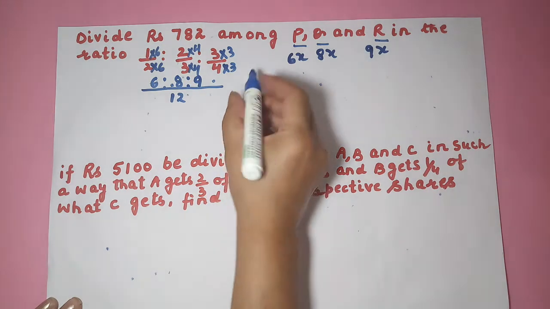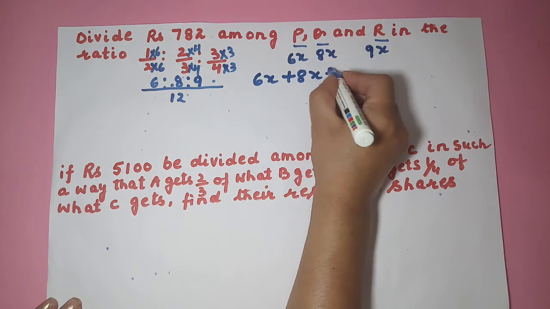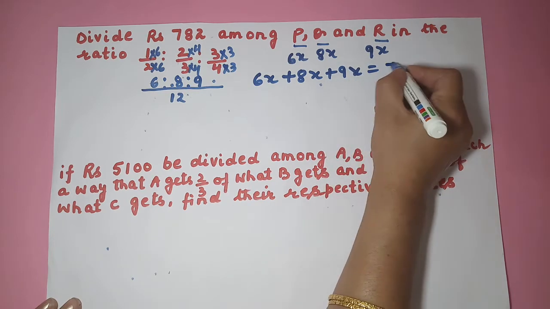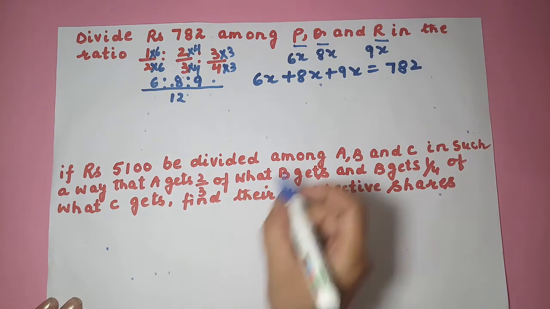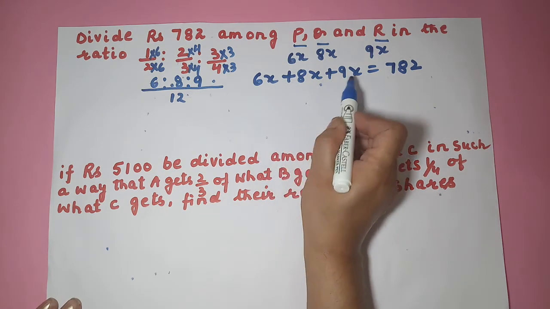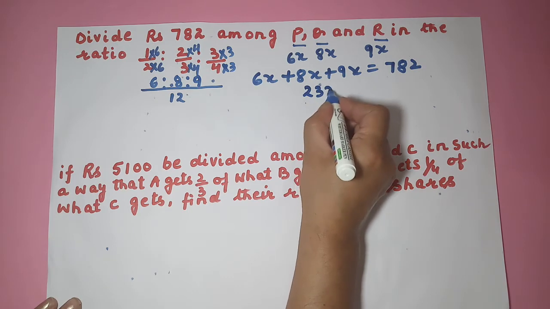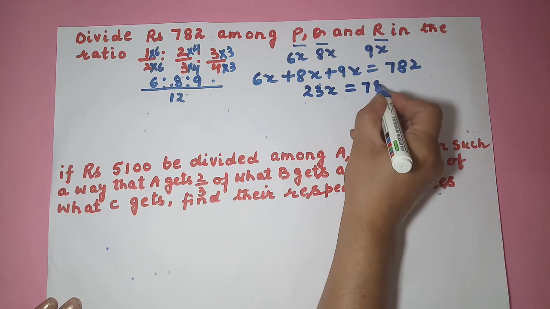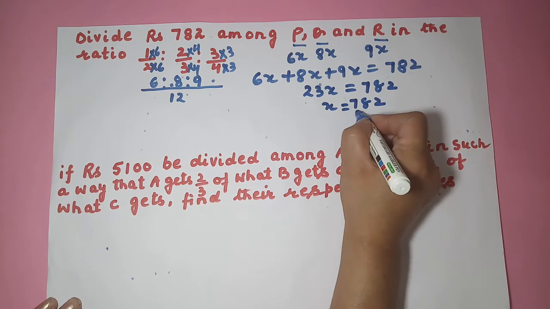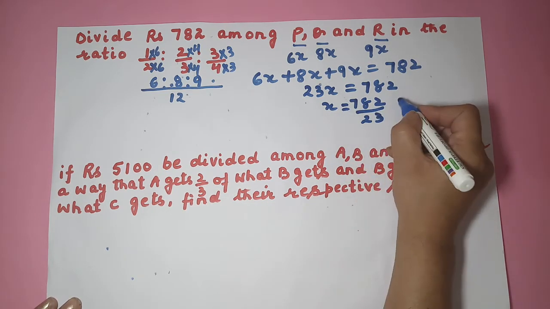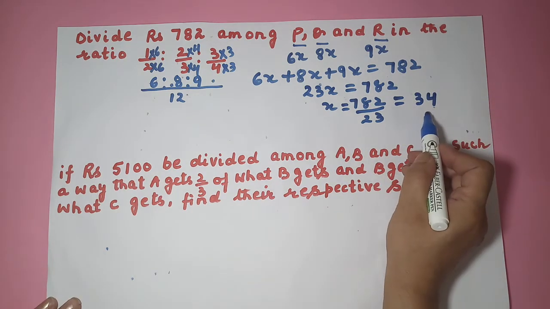Now does that mean 6x plus 8x plus 9x is equal to your total money, that is 782, right? Now 6 plus 8, 14 plus 9 is 23. 23x is equal to 782. So if you divide 782 by 23, you're going to get 34. So you got the value of x now, 34.